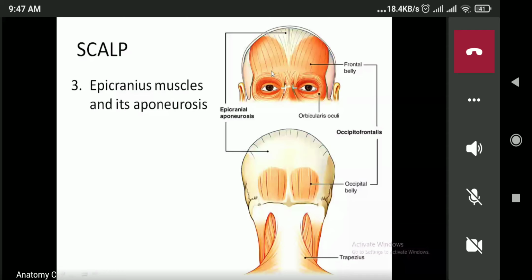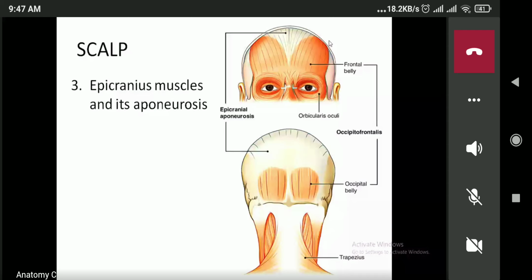Then the muscle fibers move upward and are inserted within the galea aponeurotica at the level of the coronal suture.